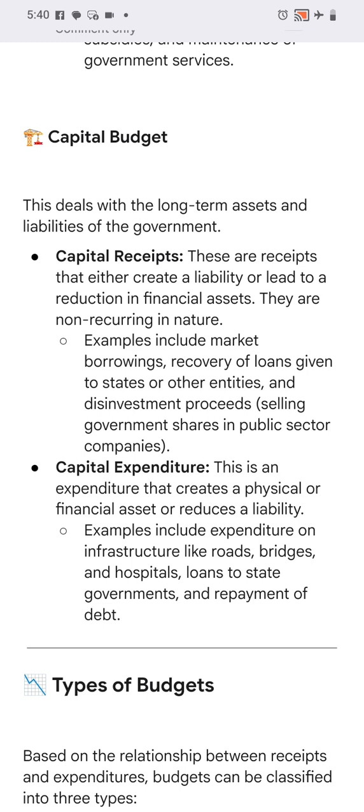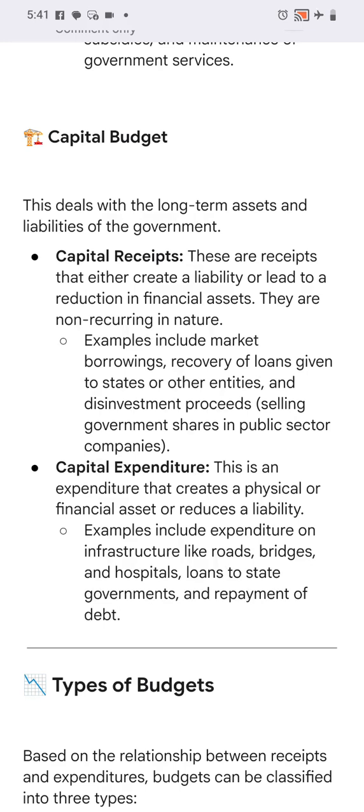Capital receipts are receipts that either create a liability or lead to a reduction in financial assets. They are non-recurring in nature. Examples include market borrowings, recovery of loans given to states or entities, and disinvestment receipts, selling government shares in public sector companies.